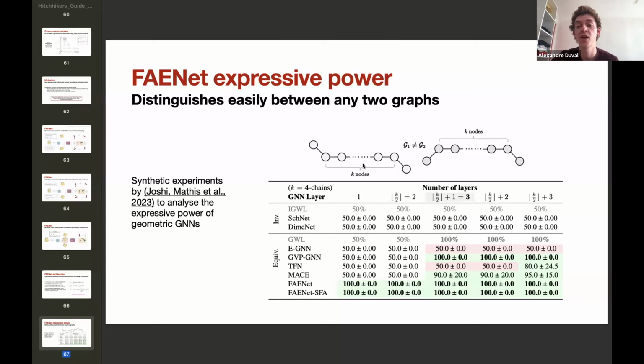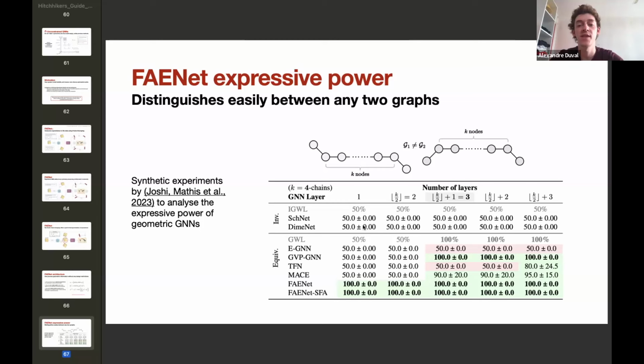And if you look at these two K-chains here, which are different based on the orientation of this left-hand side atom, you can see that with FAENet and with this kind of flexible GNNs and constrained GNNs, you're able in one shot to have perfect accuracy at distinguishing them, because you'll be able to grasp these relative positions, which are different, directly.